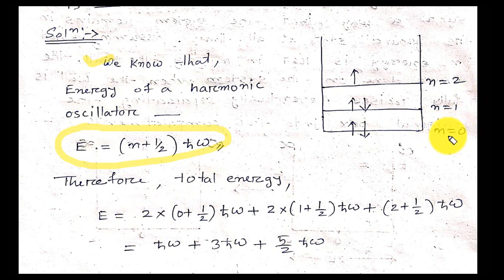For n is equal to 0, the energy is half h-bar omega, with 2 particles, so 2 into half h-bar omega gives h-bar omega. For n is equal to 1, the energy is 3 by 2 h-bar omega, with 2 particles, so 2 into 1 plus half of h-bar omega is equal to 3 h-bar omega. For n is equal to 2, the energy is 5 by 2 h-bar omega.